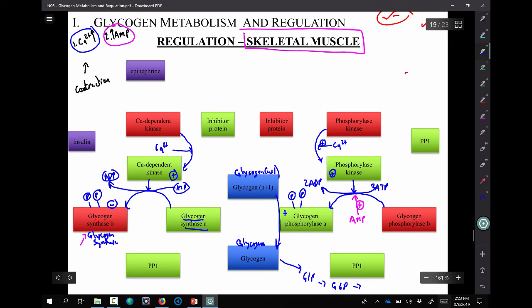All right. The next thing we need to talk about, let's move on. Epinephrine signaling can also do some of these similar things. Epinephrine, remember, is mountain lions, flight or fight. This is going to lead to the activity, again, of PKA. PKA is going to do some of the same things we talked about in the liver. It's going to come down here and phosphorylate this.